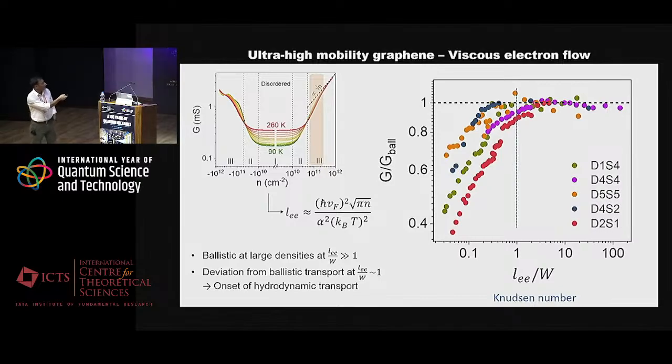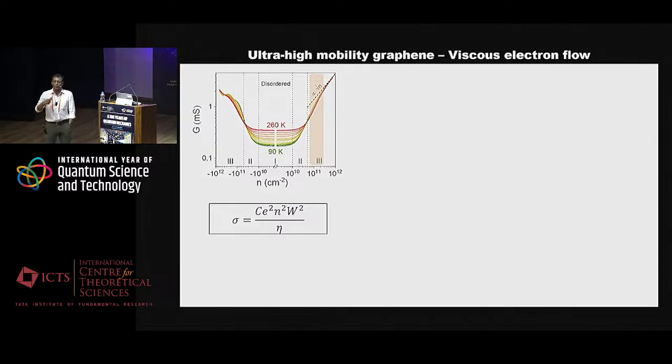And you can see the conductance, when I normalize as a function of l_ee over W for several samples, the ballistic to viscous regime can be identified by the conversion at this transition happening at roughly a Knudsen number of 1. That's the first evidence. The second one, of course, is the width dependence.